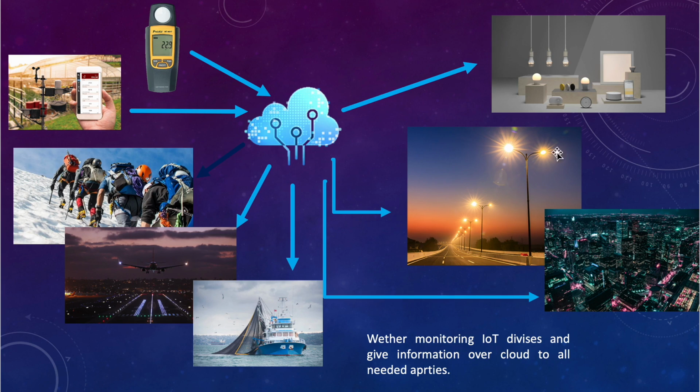So this is an example to show that a single set of IoT devices, or an embedded IoT device which monitors the weather, can feed that data through the internet to parties which need that data from all locations of the world with different scenarios.